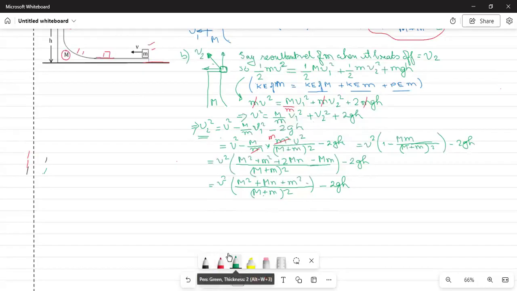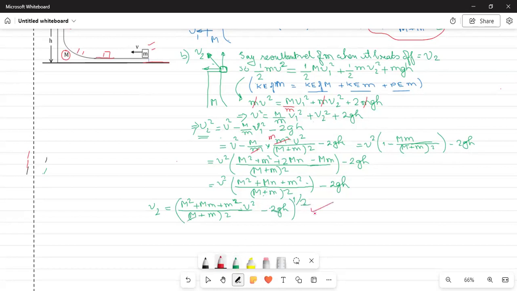And to give you the result, as the paper setter wanted, V2 is equal to under root of this entire expression: capital M square plus capital M small m plus small m square divided by capital M plus small m whole square, into v square minus 2GH, whole thing to the power of half.